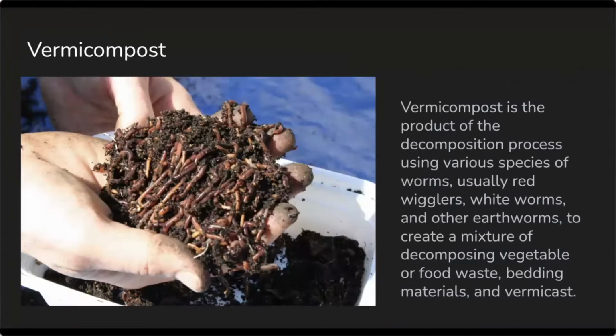Those are my favorite. And their product is vermicast. And vermicast are the worm's poop. And that poop is actually an incredibly wonderful fertilizer filled with nitrogen. And nitrogen is what plants need to grow and to thrive and to produce tons of food for you guys.